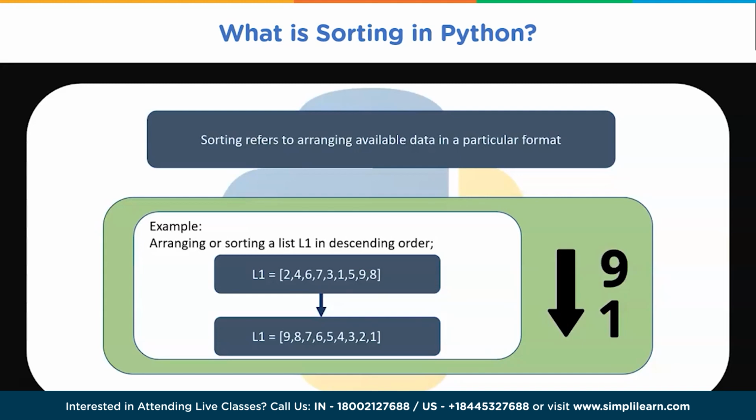So if you take an example which is available on the presentation, here you have a list L1 where you have random numbers which are unsorted, and then you have a sorted array which is in descending order, meaning highest number first and the lowest later. So generally any algorithm which you implement for sorting provides you an organized sorted list either in descending or ascending order.